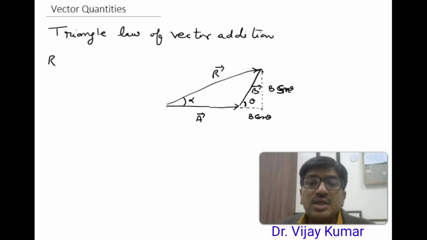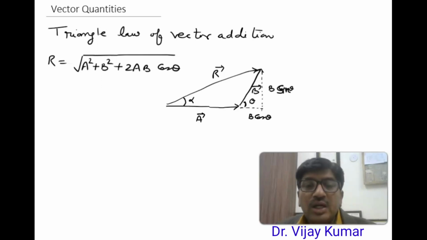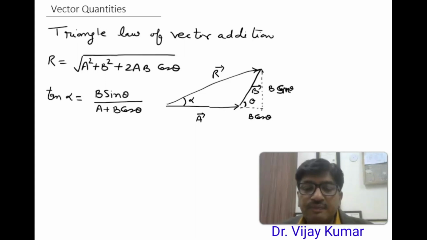In this, the resultant is under root A square plus B square plus 2AB cos theta. And if we want to determine the angle of the resultant, then tan alpha is B sin theta upon A plus B cos theta.